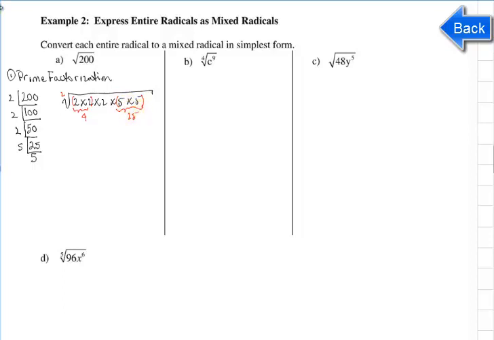And because we're looking for the square root of this number, I can take the square root of 4, which is 2, and the square root of 25, which is 5, and I'm going to leave my remaining 2 inside the bracket, right, because I can't take the square root of 2. And then on the outside I've got 2 times 5, which is 10, and then square root 2.